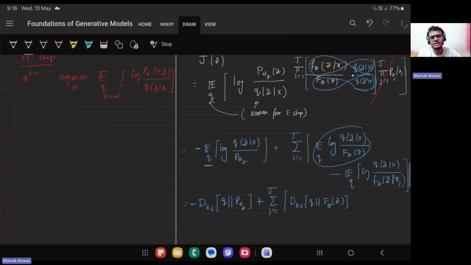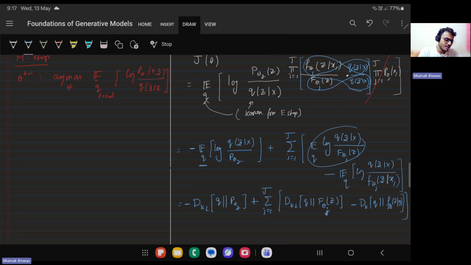Now, if you're finding the f theta of zj's, this is theta j's. It's better to write theta j's everywhere, so it will give you an understanding. Okay, minus the DKL term of q with f theta z given xj.